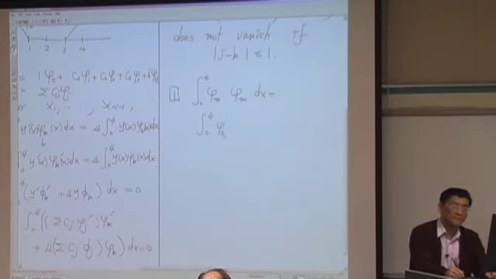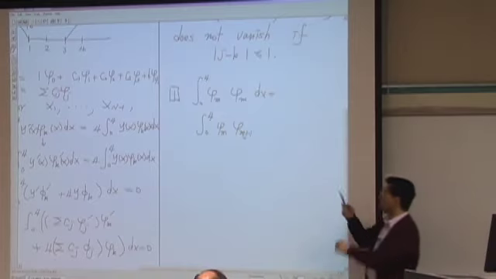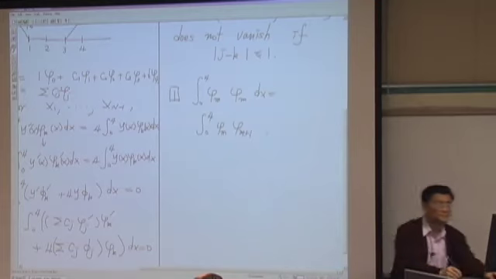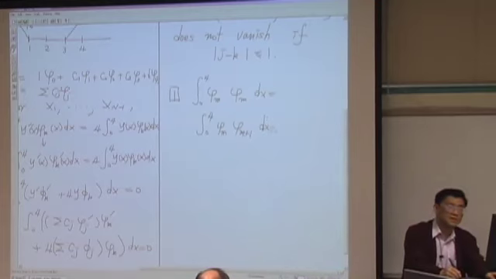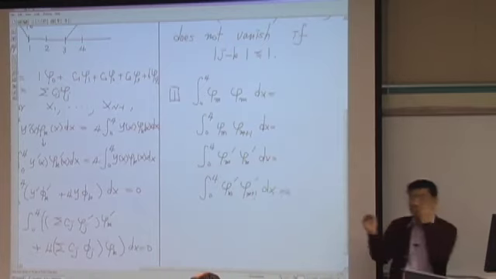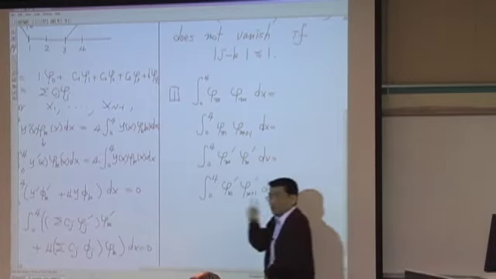P sub m and then P sub m plus 1, or the other way, P sub m plus 1 and P sub m. This can appear. What else? Derivative. P sub m derivative times P sub m derivative can appear. Or P sub m derivative and then P sub m plus 1 derivative. So generally, these are possible cases, right? M may vary from 0 to 4.